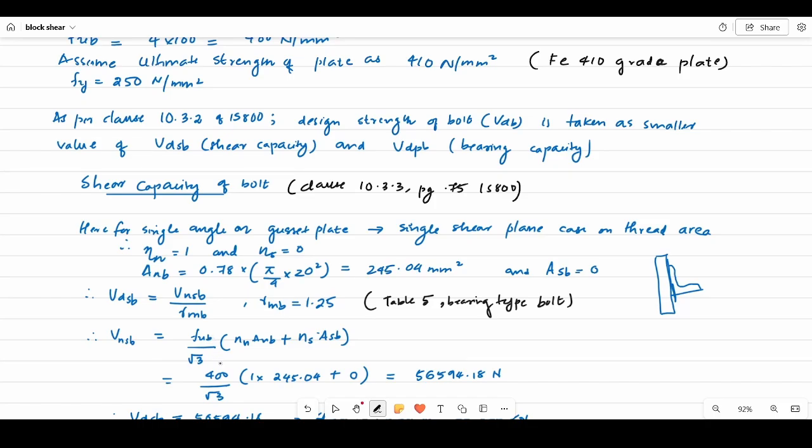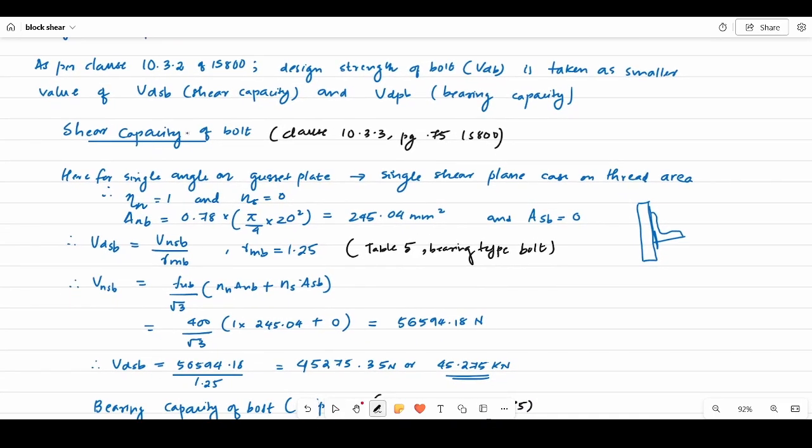Now in our equation of Vnsb, we substitute the ultimate strength of the bolt, which we found earlier as 400, divided by root 3, multiplied by n_n into A_nb. This term will be 0. While substituting, we will be getting a value of 56,594.18 Newton. Now we take this value, and in Clause 10.3.3 it is given that Vdsb will be Vnsb, the nominal strength, divided by the factor; the design strength will be the nominal strength divided by the factor.